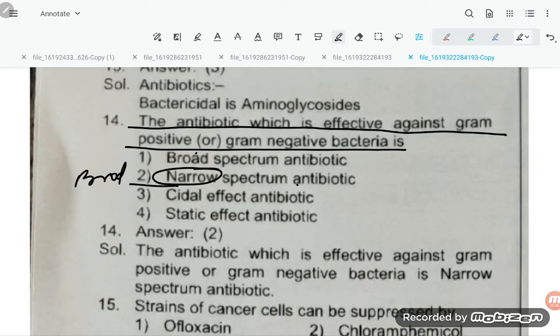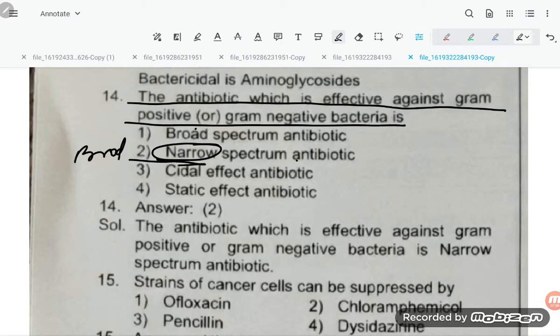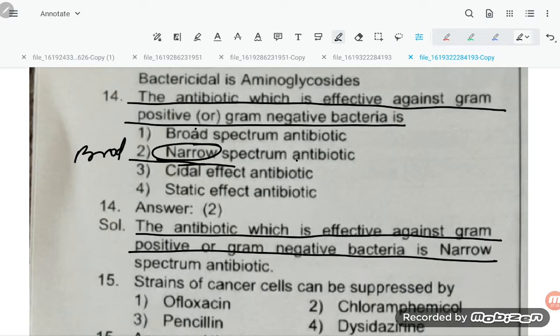Here a little wrong spelling is given. The antibiotic which is effective against gram positive and gram negative bacteria is a broad spectrum antibiotic. Option number 1 is correct, student. Whatever they have given in the other option is wrong.